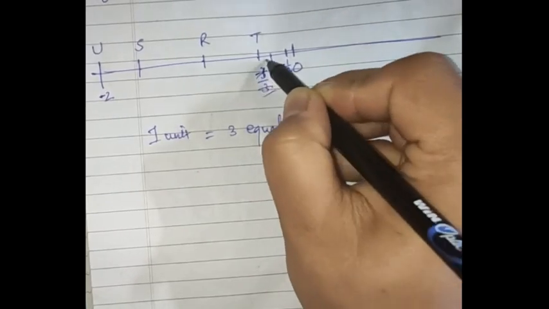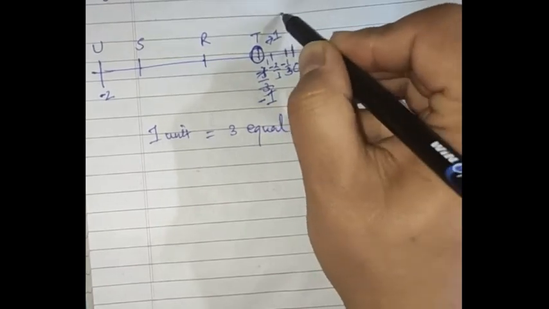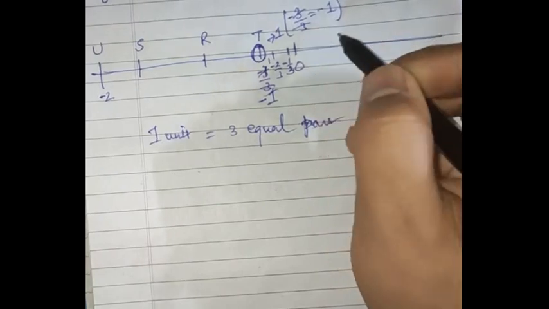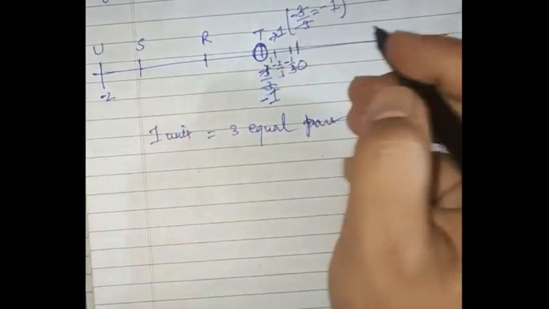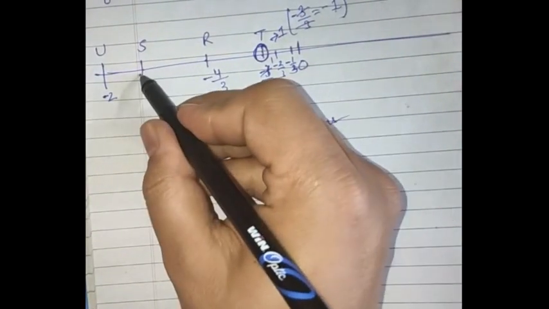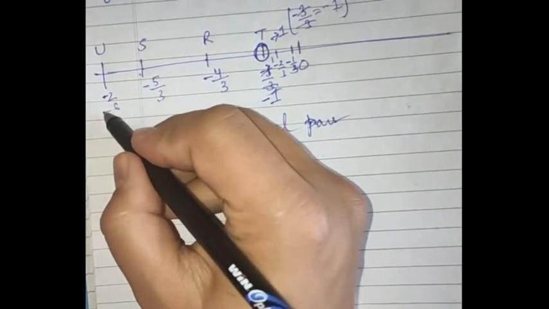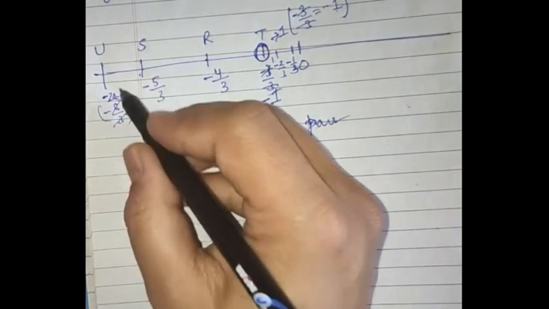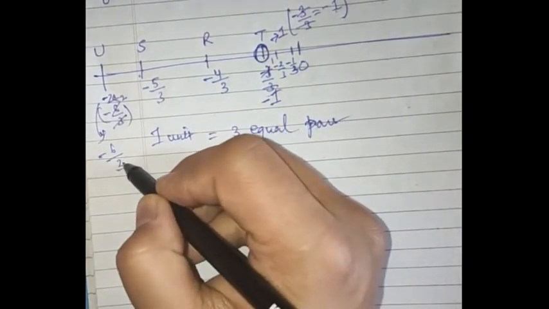That's why this T is represented by minus 1, because it is actually minus 3 by 3, and 3 gets cancelled and minus 1 should be the answer, right? So T is here minus 1. So when you move forward it should be minus 4 by 3, and after that 1 unit, minus 5 by 3, and U is actually minus 6 by 3, but when you cancel this you'll get minus 2, because 3 ones are 3, 3 twos are 6.